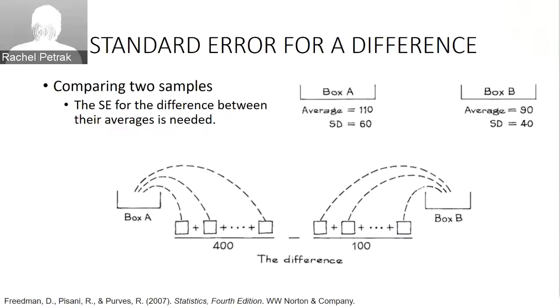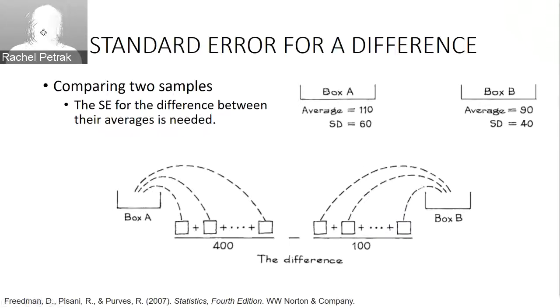One thing to remember here is that this only applies when we have an assumption of independence, and you won't see many dependent situations in this class, although we will discuss it briefly. These are independent groups.